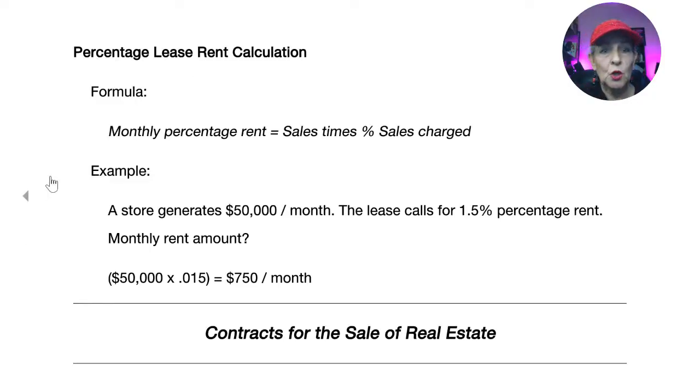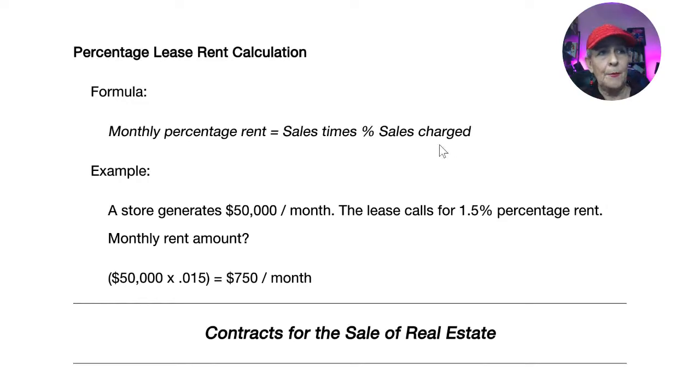You can search on YouTube, Google, or places like ChatGPT to ask for some examples of lease problems. So the formula: monthly percentage rent equals the sales times the percentage rate.